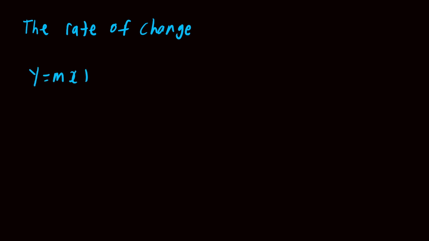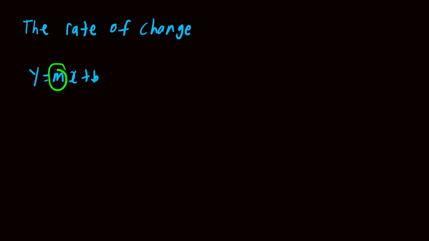A derivative is technically the rate of change, but what does that mean? At this point, you guys should know y equals mx plus b, right? Or a line, any point slope form, y-intercept form, whatever. If you take the derivative of something, it's going to give you m, or the slope.